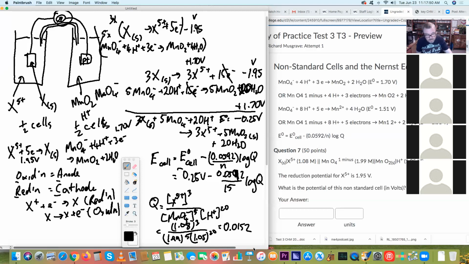So for the battery itself, would the Q be larger or less than the K? That's a good question. You got me thinking here.